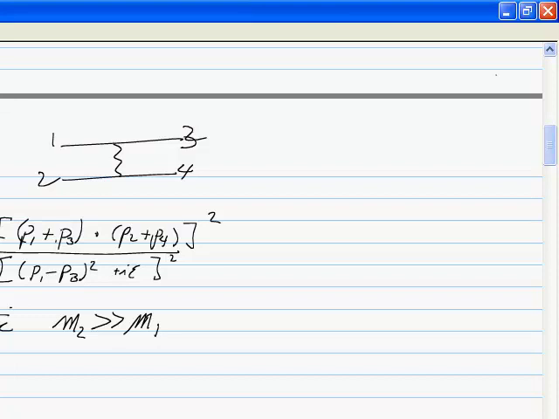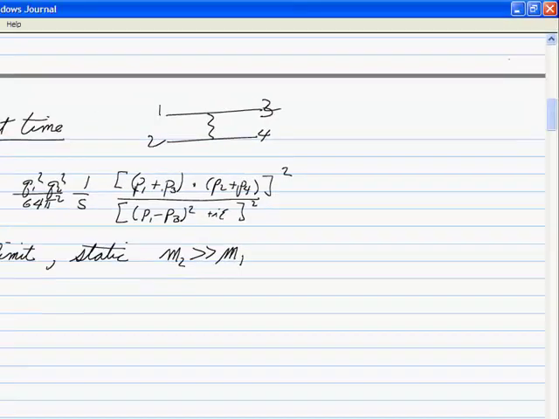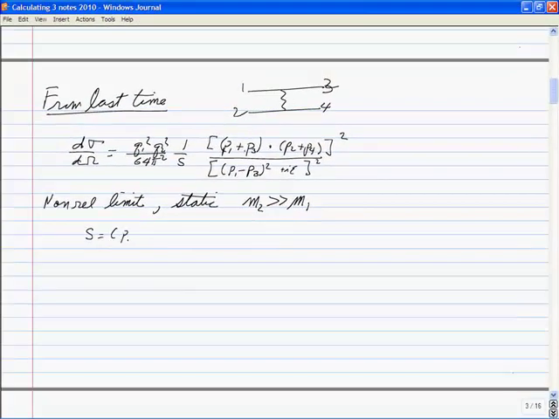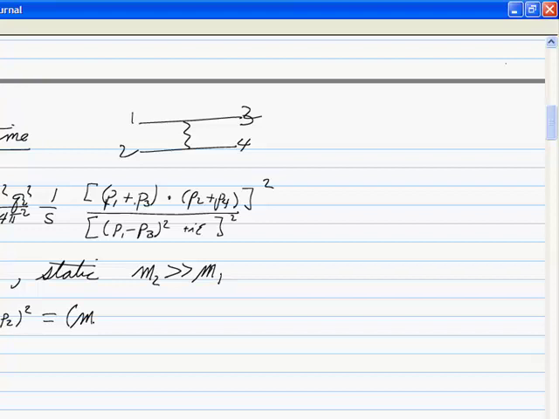Okay. So if you remember, S was P1 plus P2 quantity squared. But if you go to the non-relativistic limit, that's dominated by the mass. That's M1 plus M2 squared, which is then, in our limit, just M2 squared. Okay.